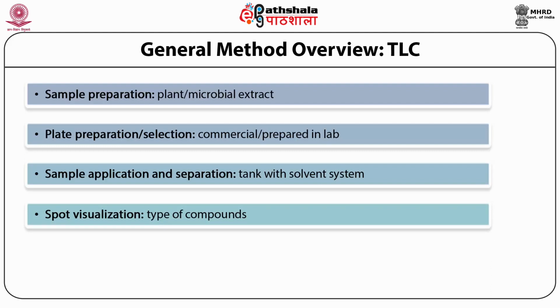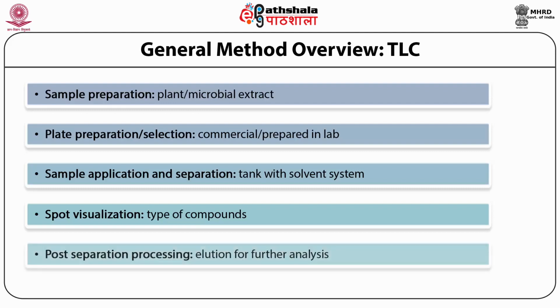Then, of course, if the separation process is not only for analytical but for preparative purposes, there is some post-separation processing in which the spots may be taken out and then eluted for further analysis, for example, using gas chromatography or other chromatographic methods.